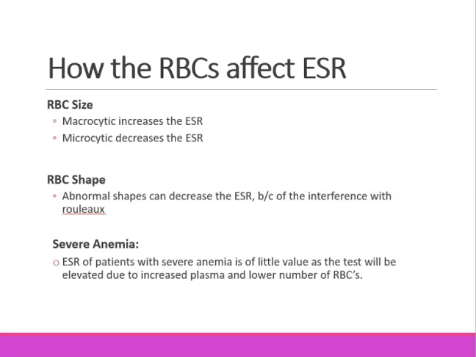Maybe they're not going to let the red blood cells stack properly in the rouleau pattern. Also, patients with severe anemia, their ESR is of little value because the test will be increased due to increased plasma and lower number of red blood cells.